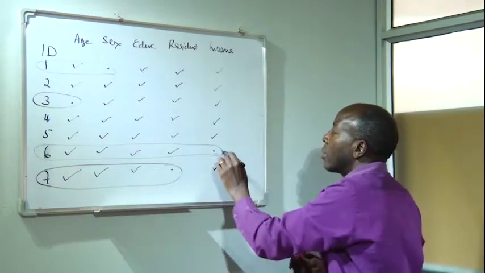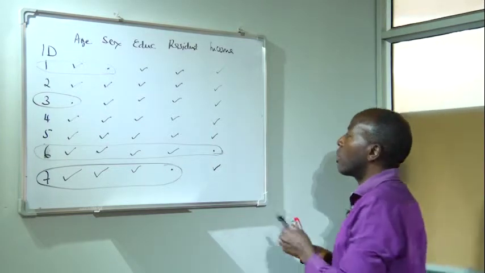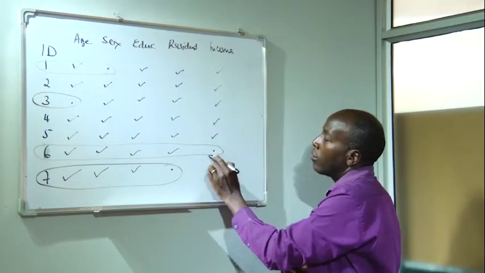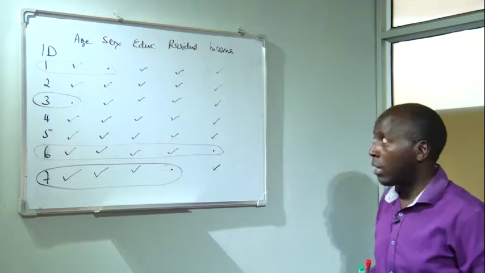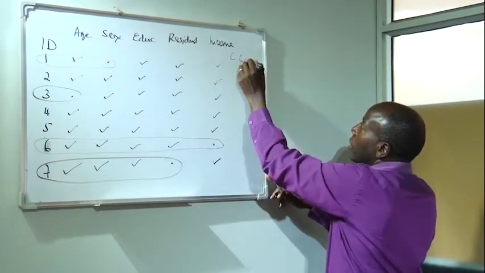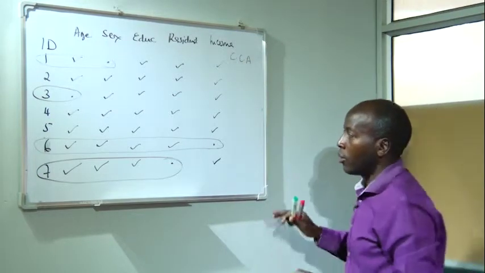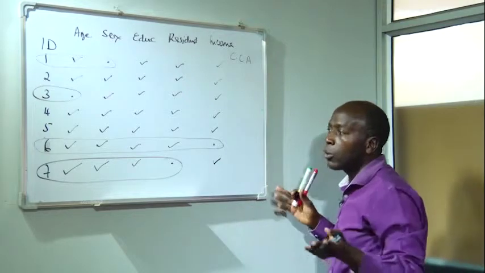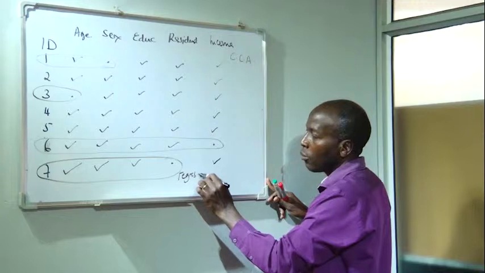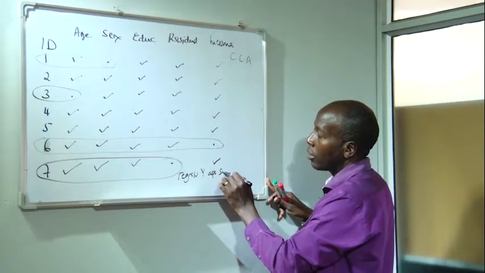Now, what happens is that when you go to run your regression analysis, for example, Stata uses what we call complete case analysis. So if you put in your model, it might be a regress model, it may be a logistic, and you say regress, you put in your Y and you put in age, sex.